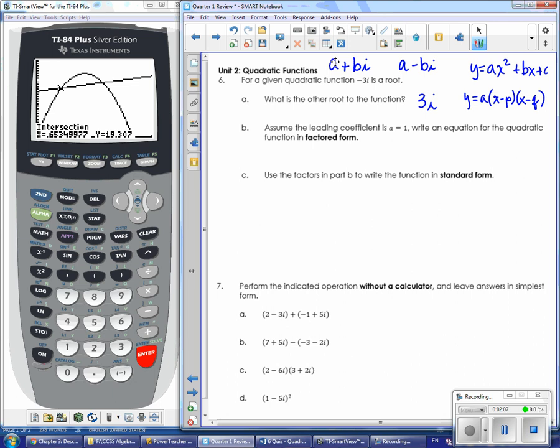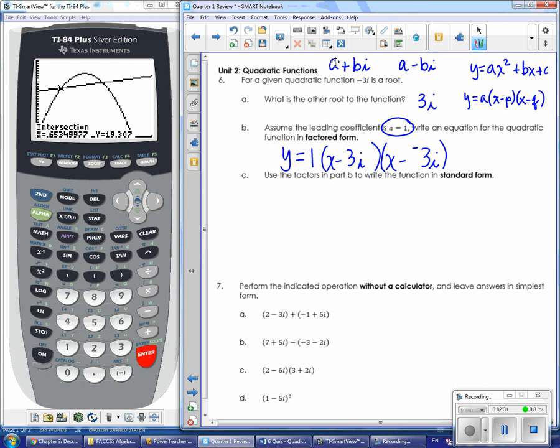For example, I'm told that a is 1. So when I write my equation, I know that a is 1. Then I'm going to write my factors: x minus, and then I enter the actual values. If 3i is one of my roots, I can write that there, and if negative 3i is the other, it's going to look like this.